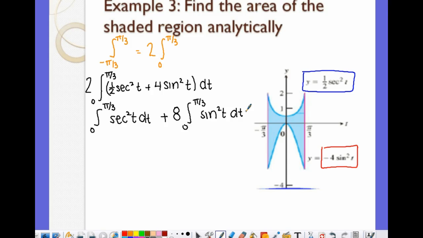So what's the antiderivative of secant squared t? Cool. What's the antiderivative of sine squared t? I would want to use a u, but can I do a u with a sine squared? Because if I do u, what's my du? Cosine. So do I have a cosine?